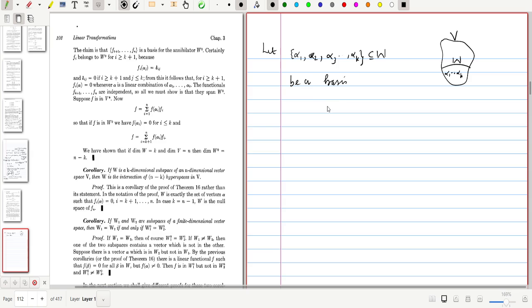Since V is a finite dimensional vector space, this can be extended: alpha 1, alpha 2, etc., alpha k, alpha k plus 1, etc., alpha n.